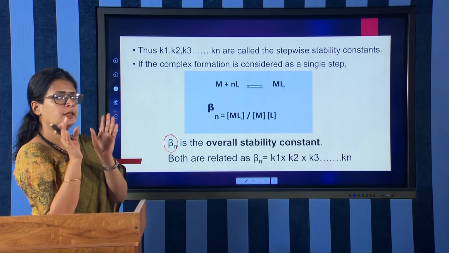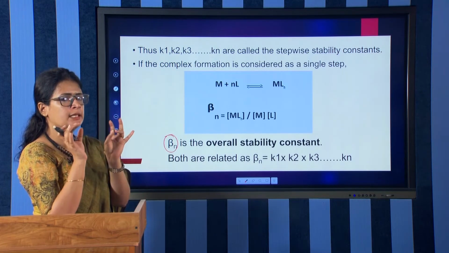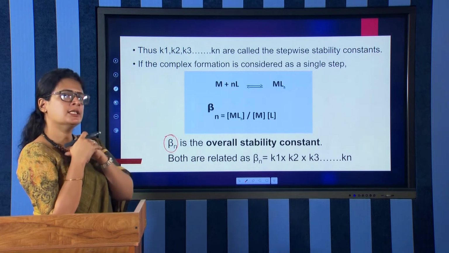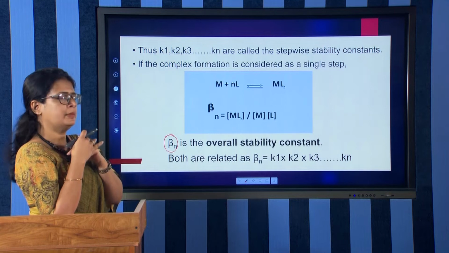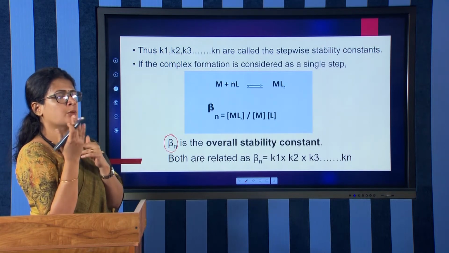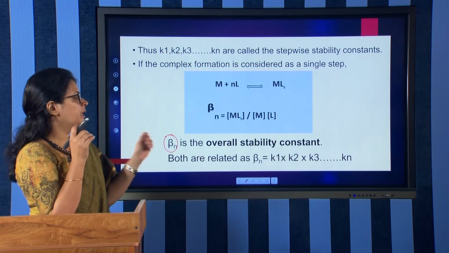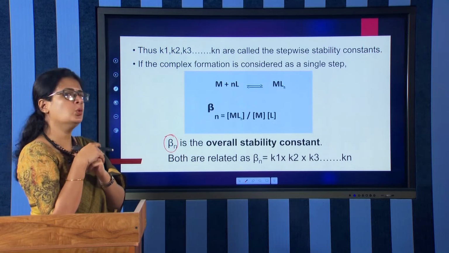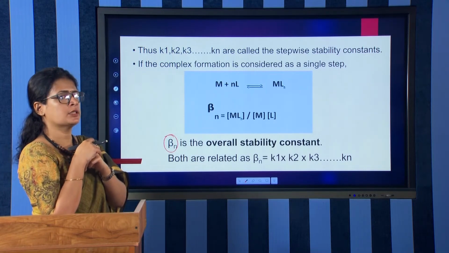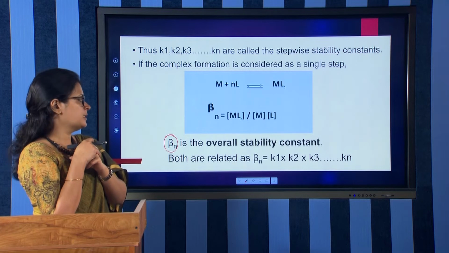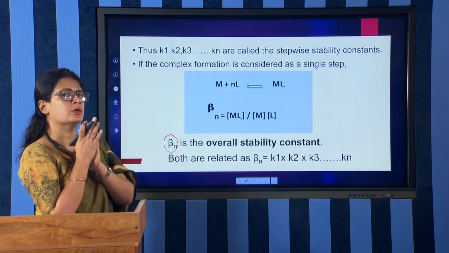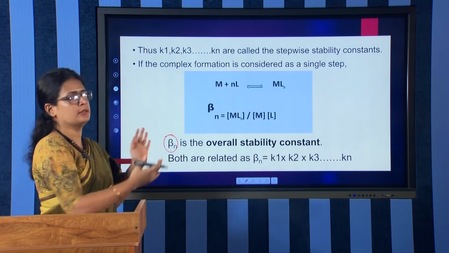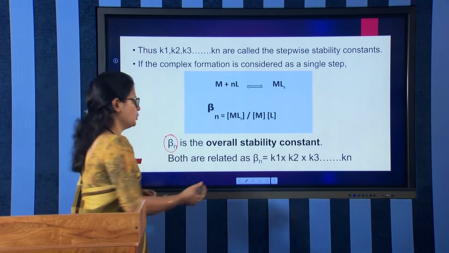Beta n and K1, K2, etc. are related by beta n equal to K1 into K2 into K3 and so on up to Kn. This is the way to write it.